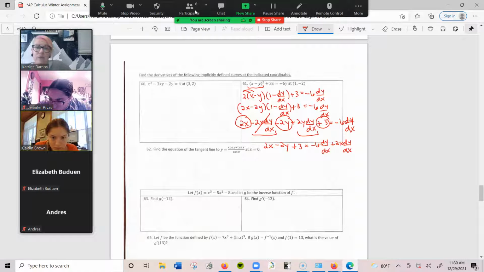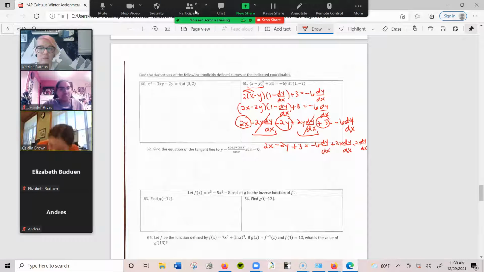And then this one I'm going to subtract over to the other side, so minus 2y dy dx. So now all the dy dx's are on one side. Is that okay?